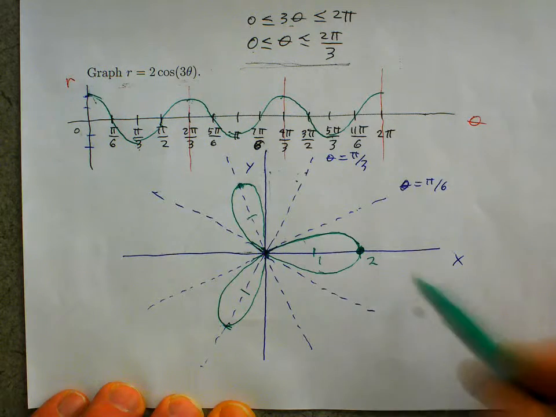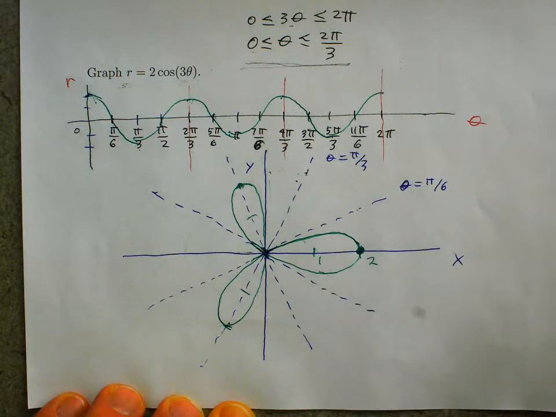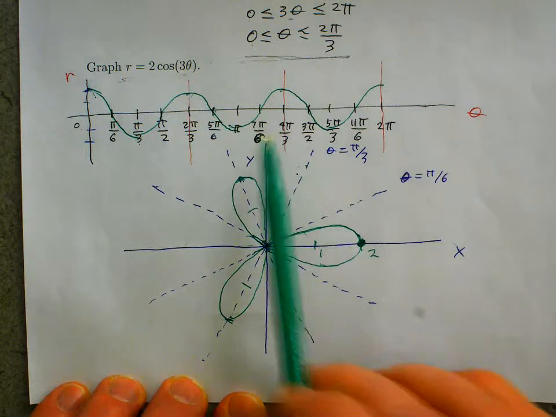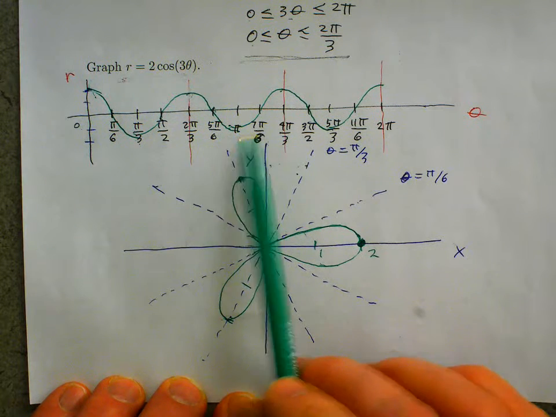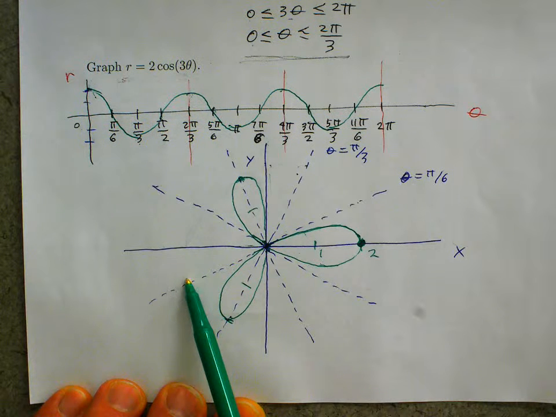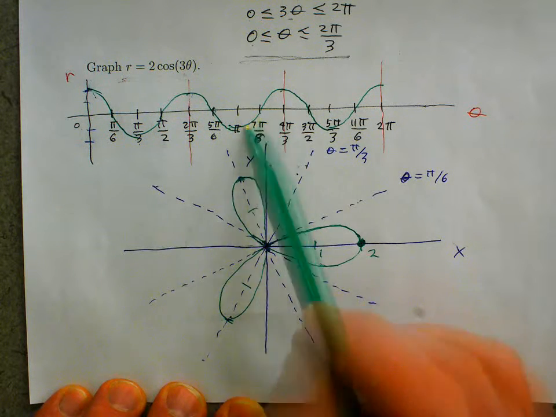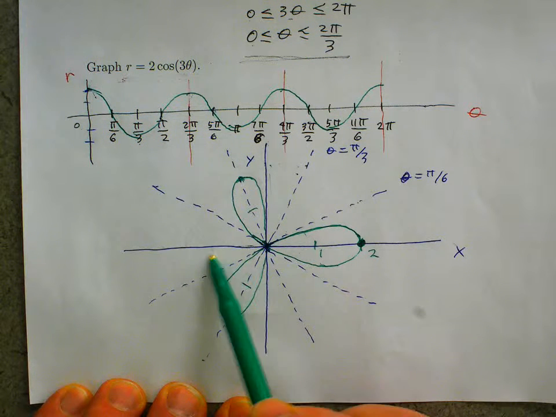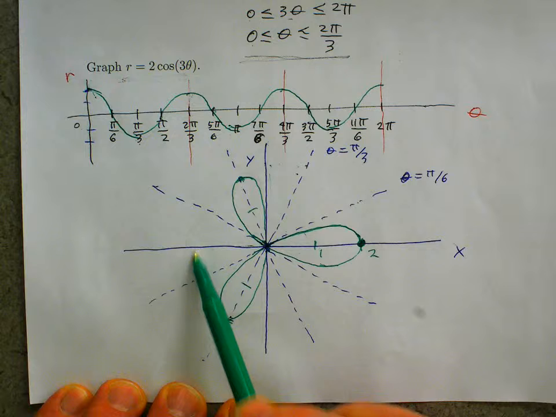Okay, so I'll just do one more just to show you what's going to happen in this case. On the interval from pi to 7 pi over 6, that's this region in the plane, but the r values are negative. And so the graph will be on the opposite side of the origin from this part.